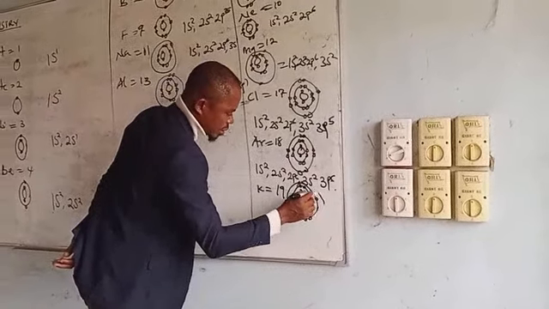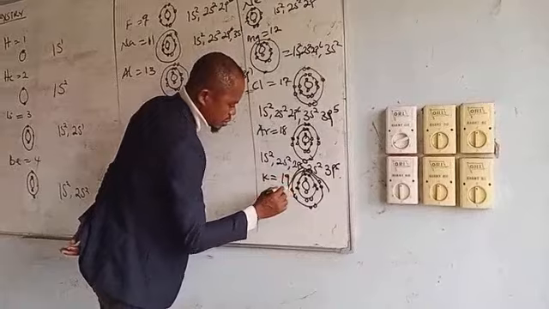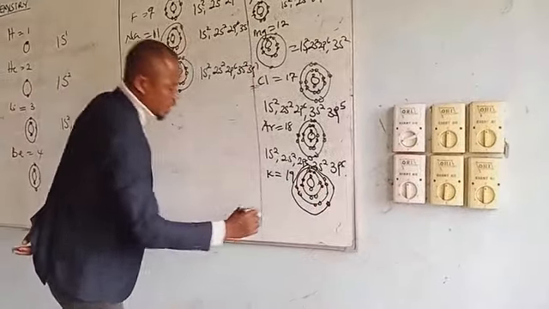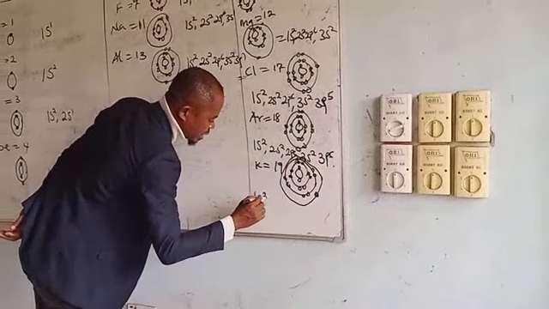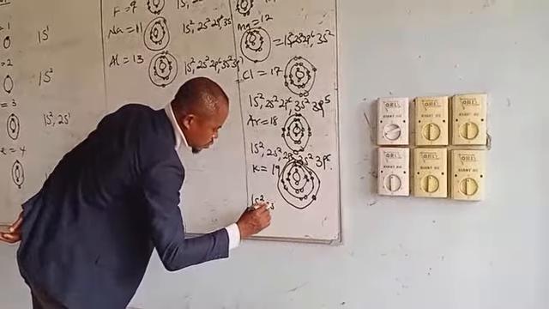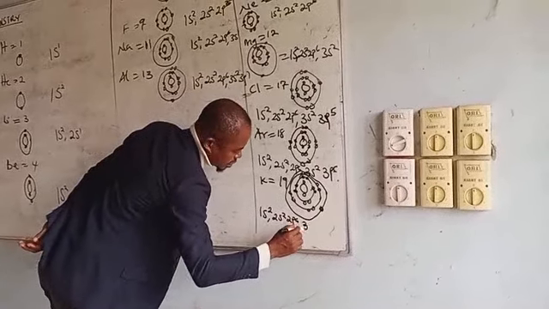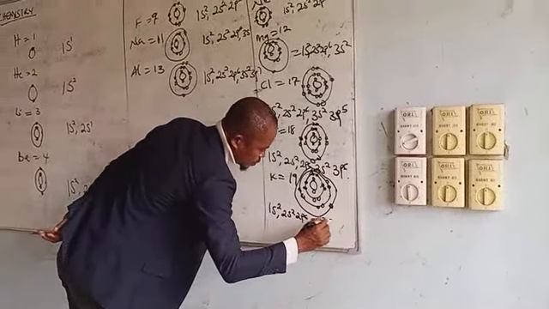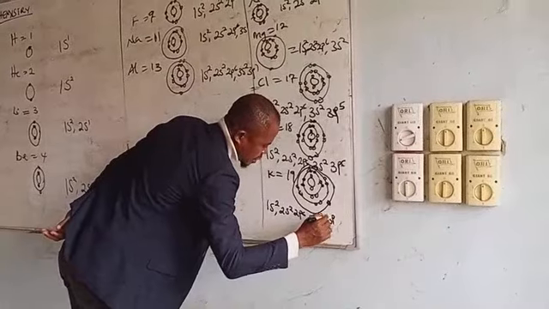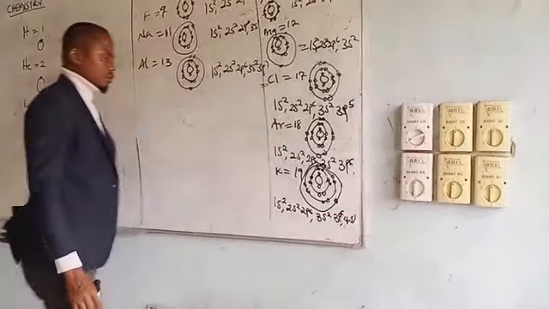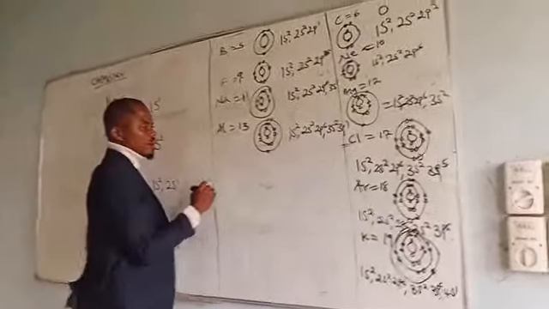We are left with 1. The 1 will be in the fourth shell. So in the SPD, we are going to have 1s2, 2s2, 2p6, 3s2, 3p6, 4s1.